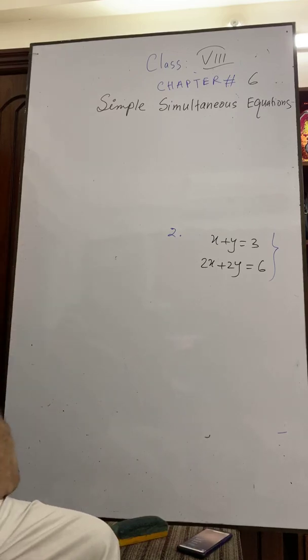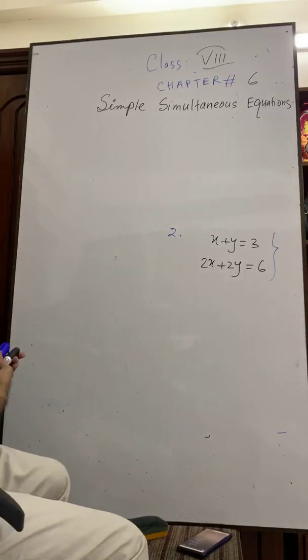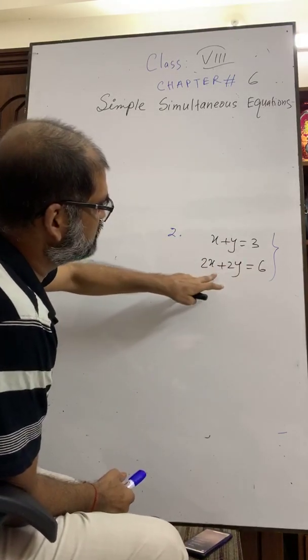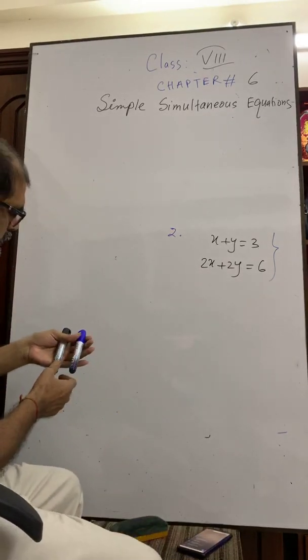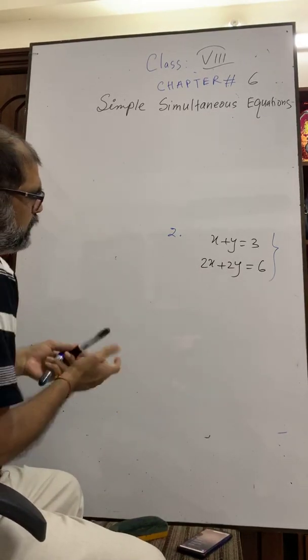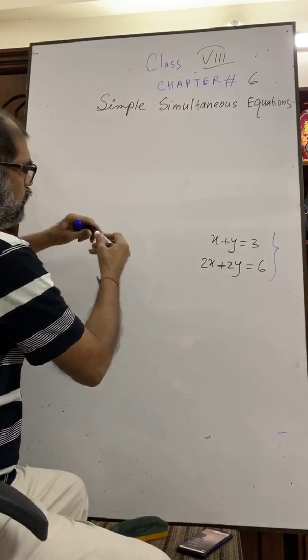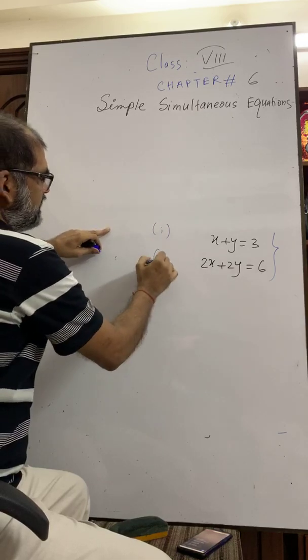Then you see, x plus y equals 3 and 2x plus 2y equals 6, right? Suppose it is equation 1, we mark it as equation 1, and this is equation 2.